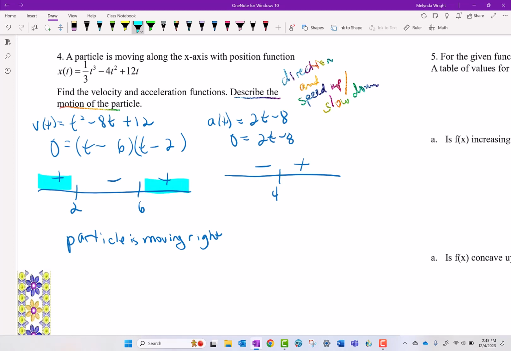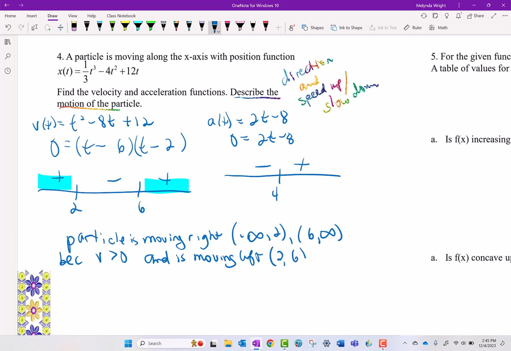That means it's moving right from negative infinity to 2 and from 6 to infinity, because v is greater than 0. Okay, so we have moving right. And it is moving left from 2 to 6 because v is less than 0. Okay, so that's about direction. That's left and right. So check, we got that one. Now let's talk about speeding up and slowing down.